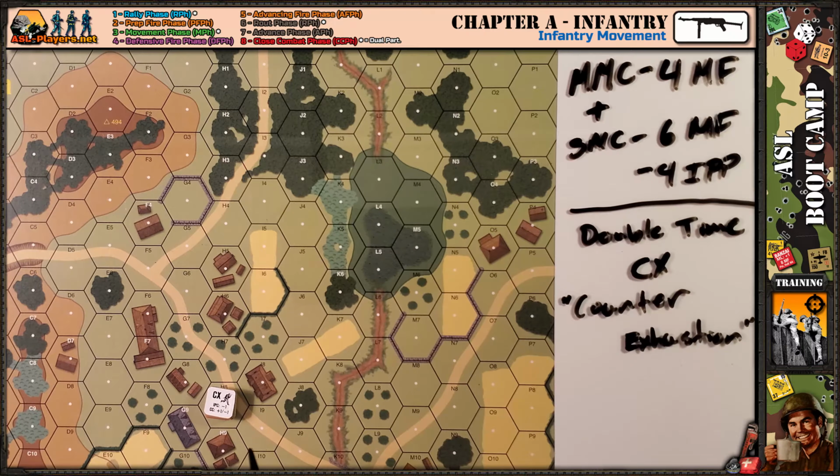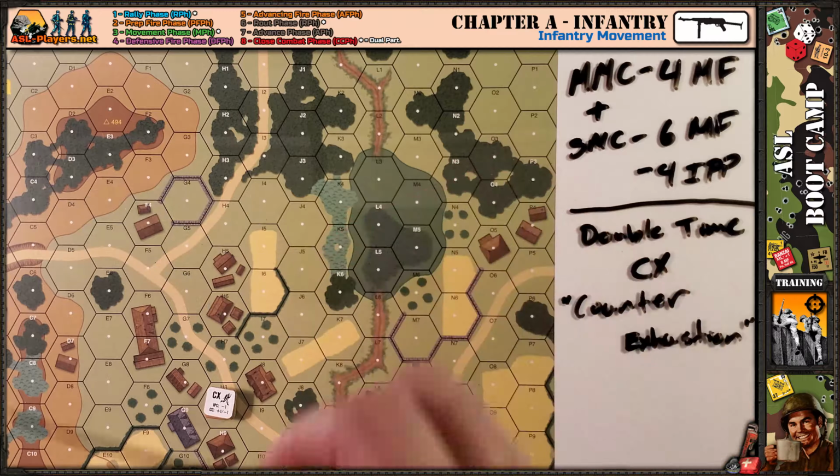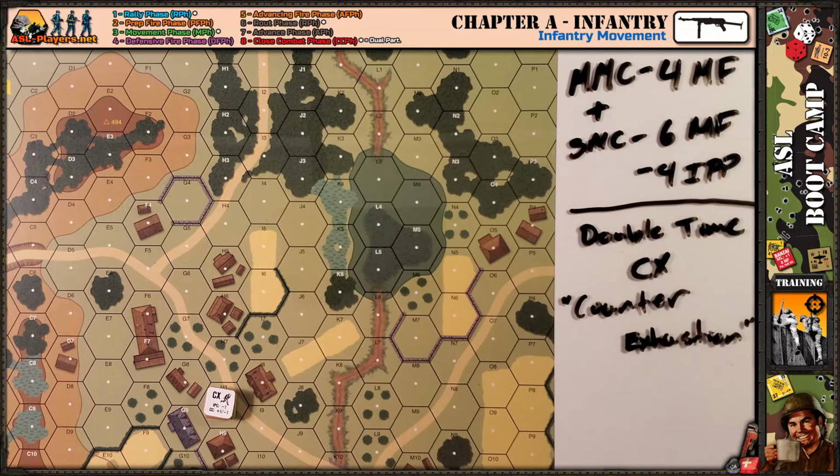And that stays on them for a full turn. So they go through the remainder of their player turn, the other player's turn, and then through their next prep fire phase, and then they can remove it. It's a reminder that they double timed last turn, and it keeps units from double timing twice in a row.